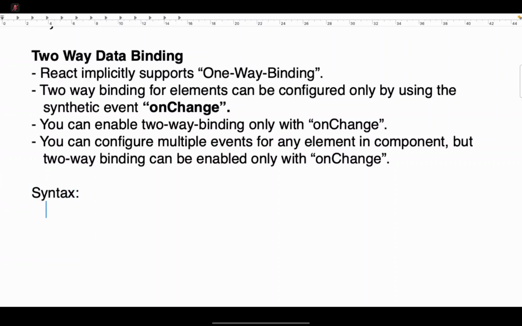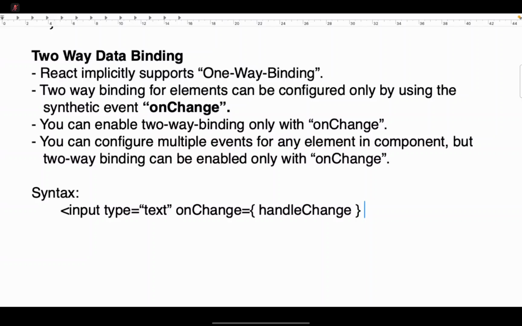So syntactically, any element, it is not only the text box. Input type text, on change, it should handle change. Suppose you are using a drop down, and it also requires on change, handle change.